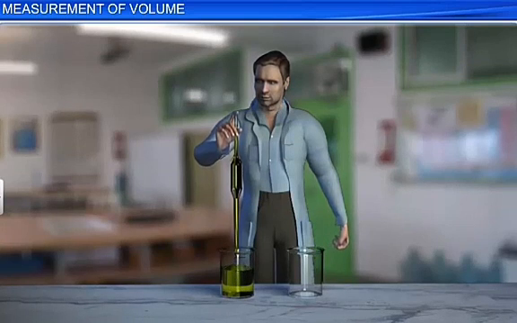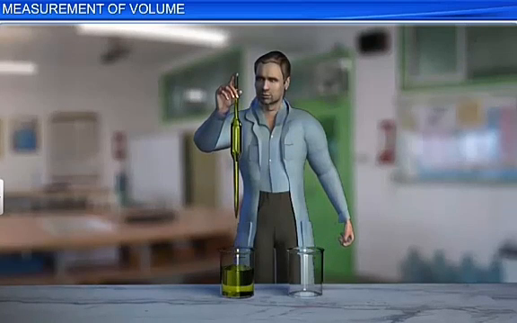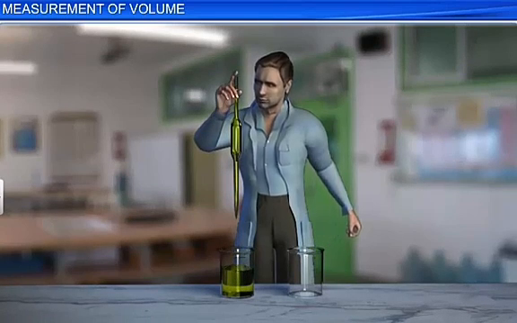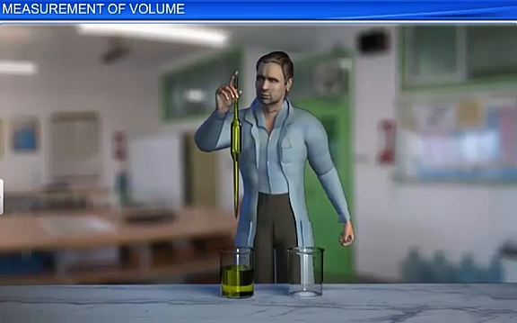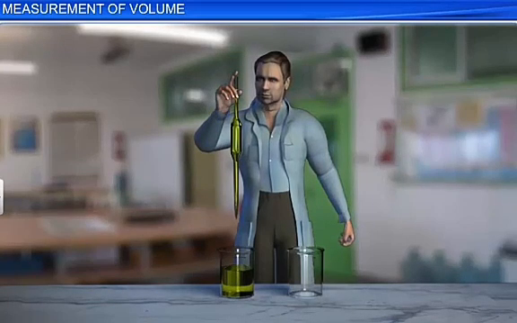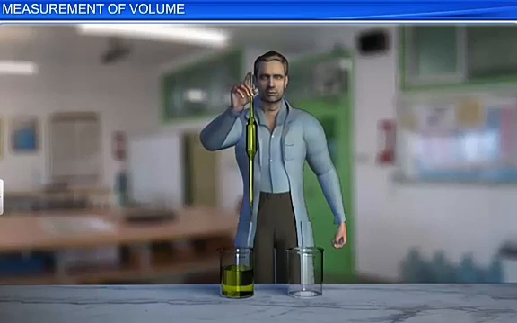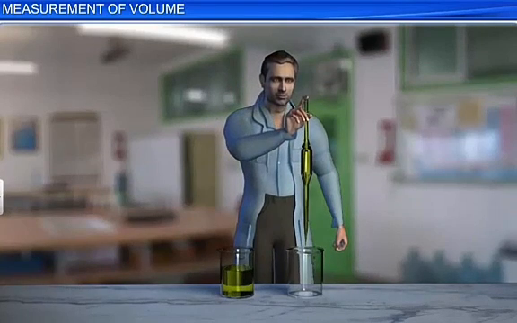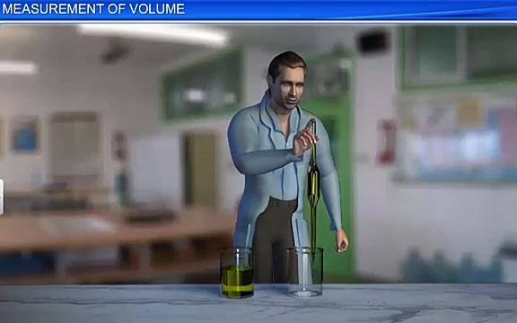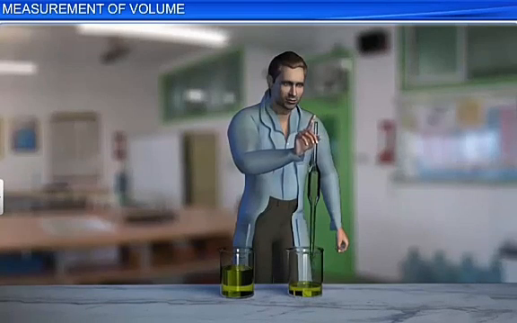Hold the pipette vertically and release the finger slowly till the level of the liquid comes to the mark on the glass stem. Then close the finger and introduce the pipette into a beaker and release the finger. The liquid in the pipette runs down into the beaker, but a little of it remains in the narrow end. This can be collected by tapping the tip of the pipette against the beaker.